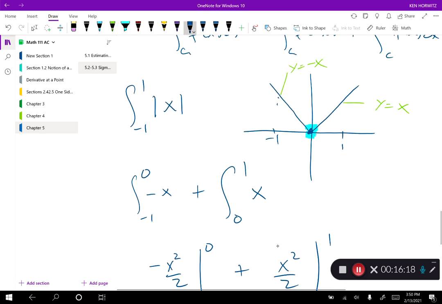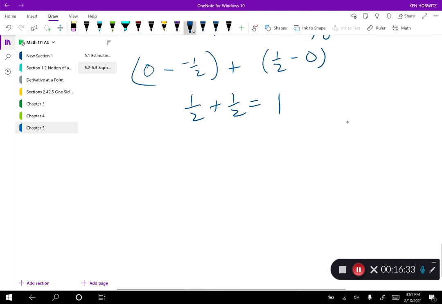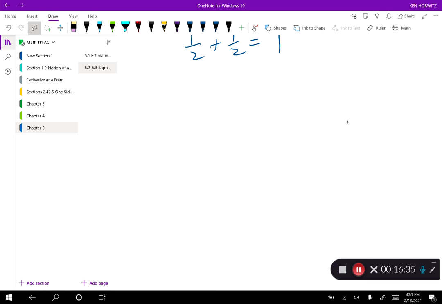And you could confirm this because if I just do a dotted line straight down and a dotted line straight down, I've got two right triangles there, and you can very easily do the area of both right triangles and simply add them up.